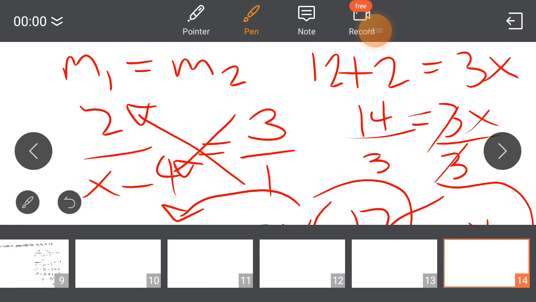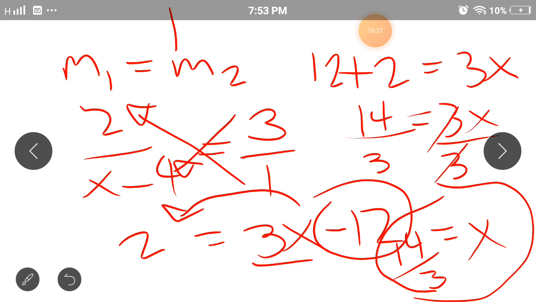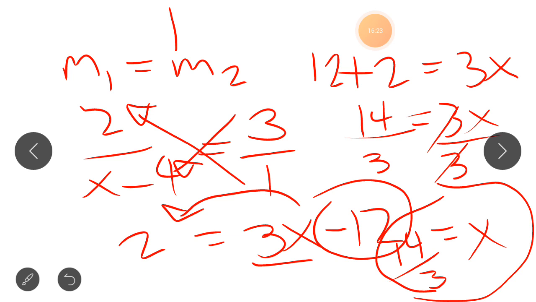Then we just get x by transposing negative 12 to the other side, so it becomes positive 12. So positive 12 plus 2 equals 3x. 12 plus 2 equals 14. Then divide both by 3 to cancel 3. So therefore x equals 14 over 3. Okay, so that's for this problem. And we're going to solve another.